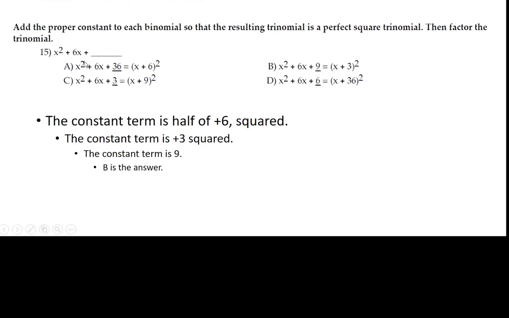So the constant term here is going to be half of 6, squared. So the constant term is 3 squared, and the constant term would be 9. Half of 6 is 3, 3 squared is 9. And that factors to (x plus 3) squared. The answer here in this order is B.